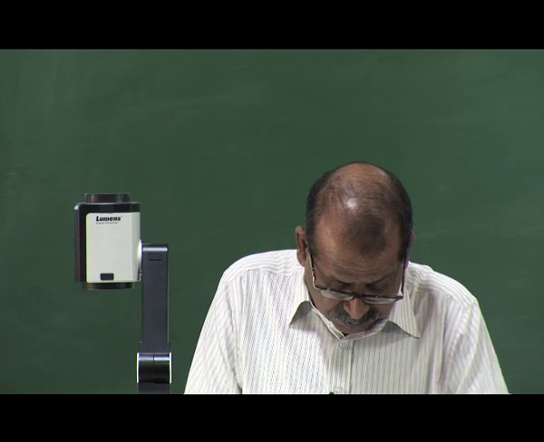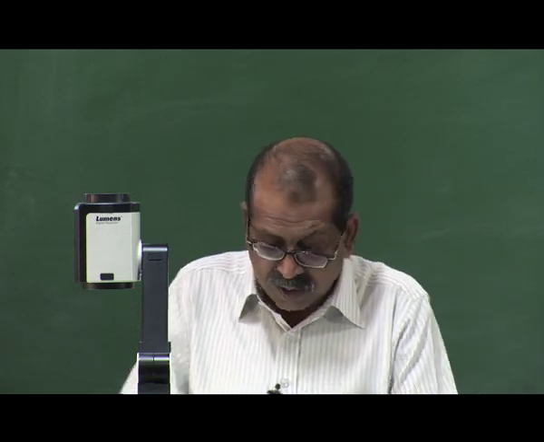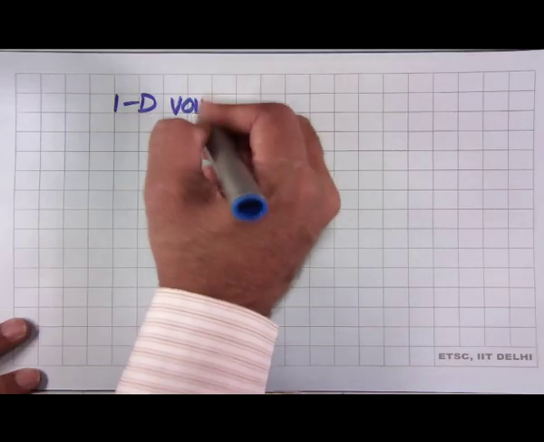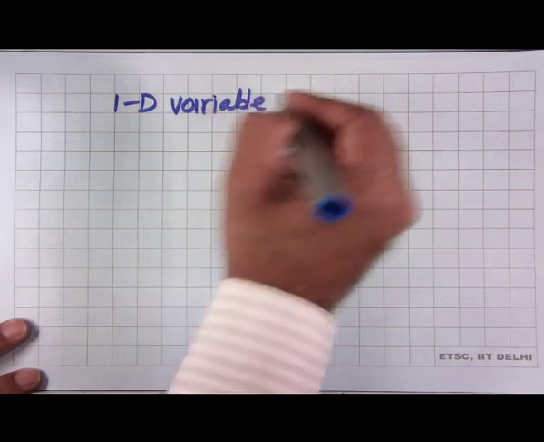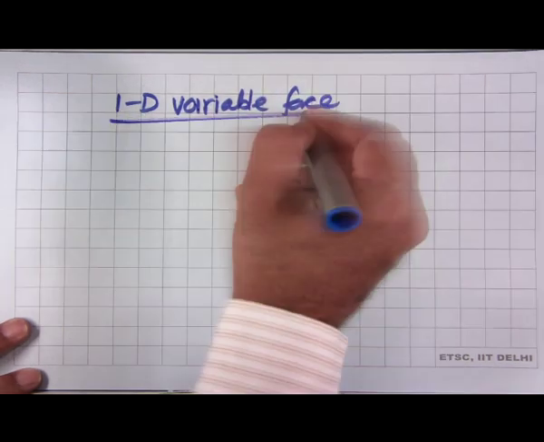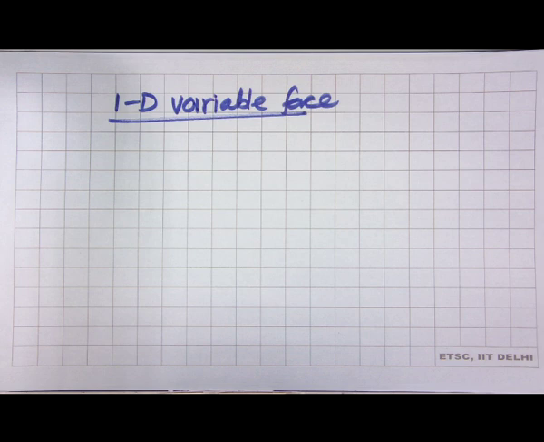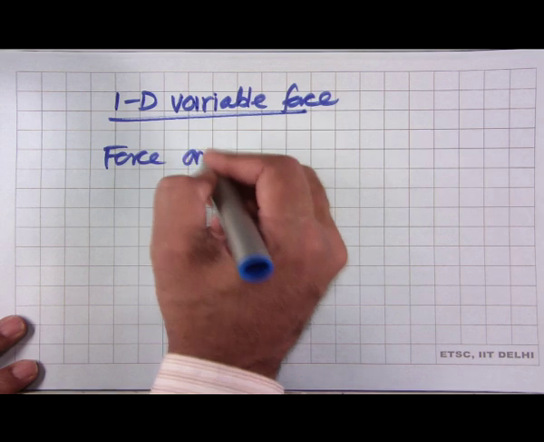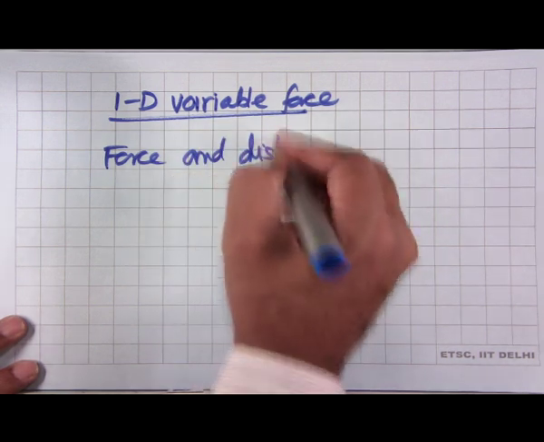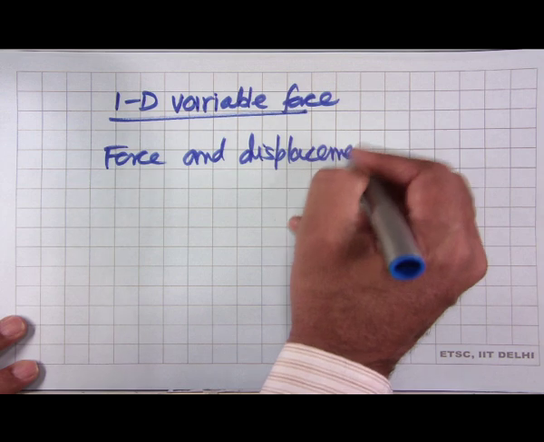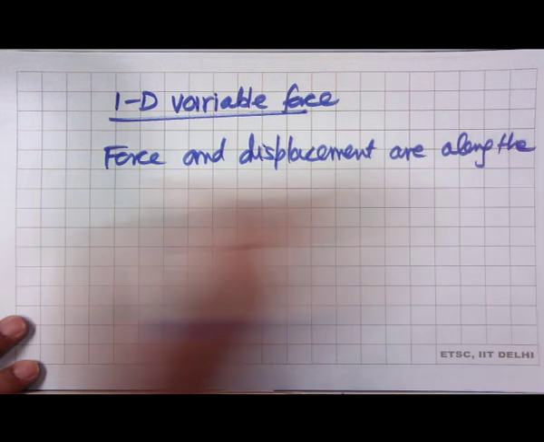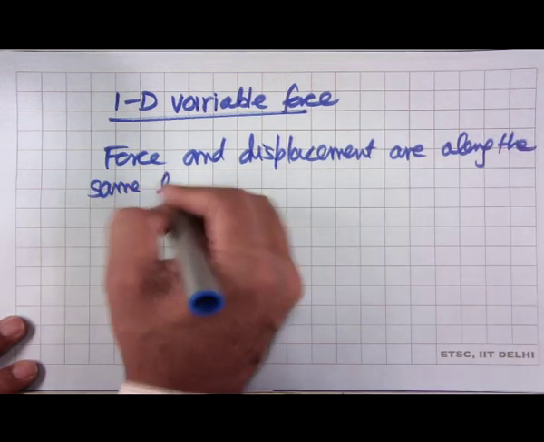So, let us look at a case of first a one dimensional variable force. That means the force and the displacement are along the same line.